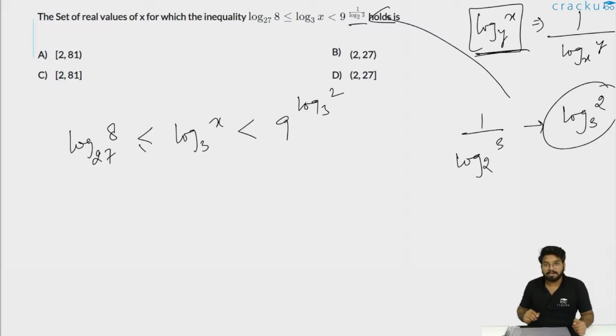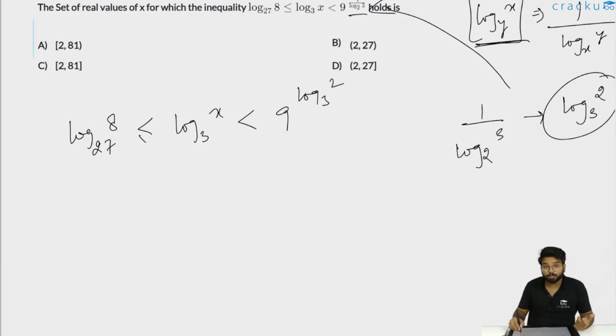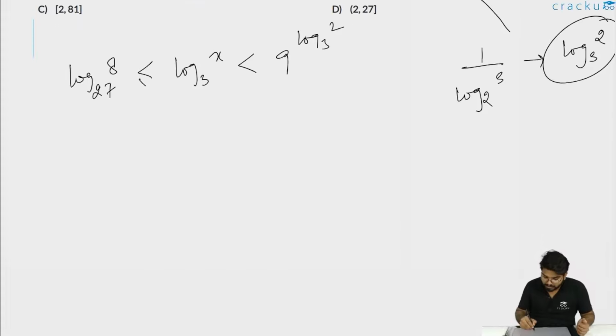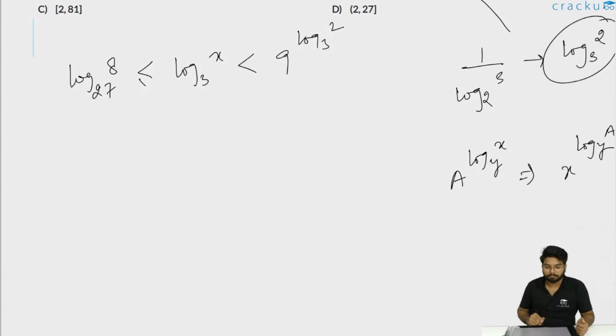Now at this point there is one more property: if I write a log x with base y, I can write this as x log a with base y. If I have 9 raised to log 2 with base 3, I can write this as 2 raised to log 3 with base 9.